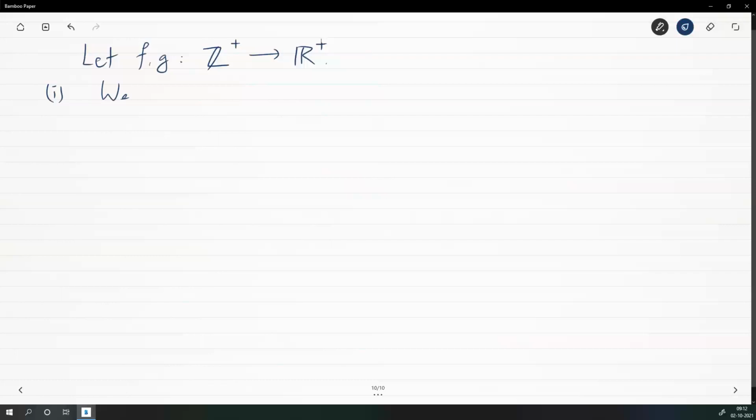We say, what is the notation? f is equal to little o of g if, one short way of writing this is simply in terms of the limit definition that we already know, the limit as n tending to infinity of f of n by g of n is equal to 0. This is what it means.